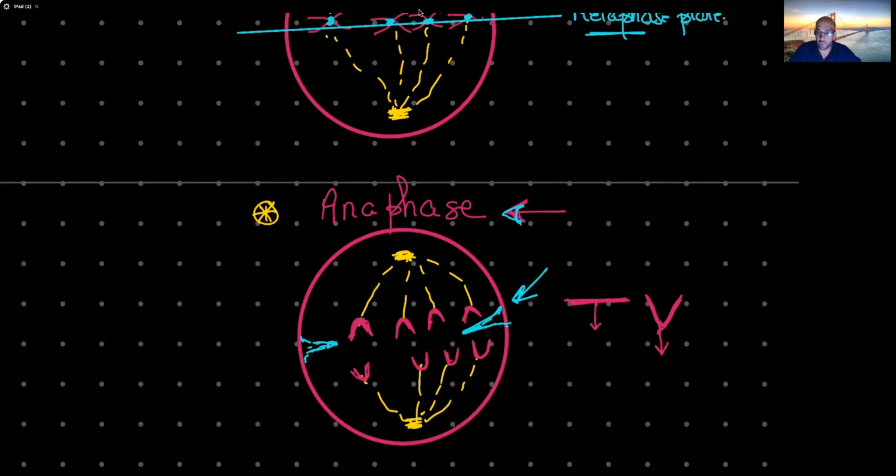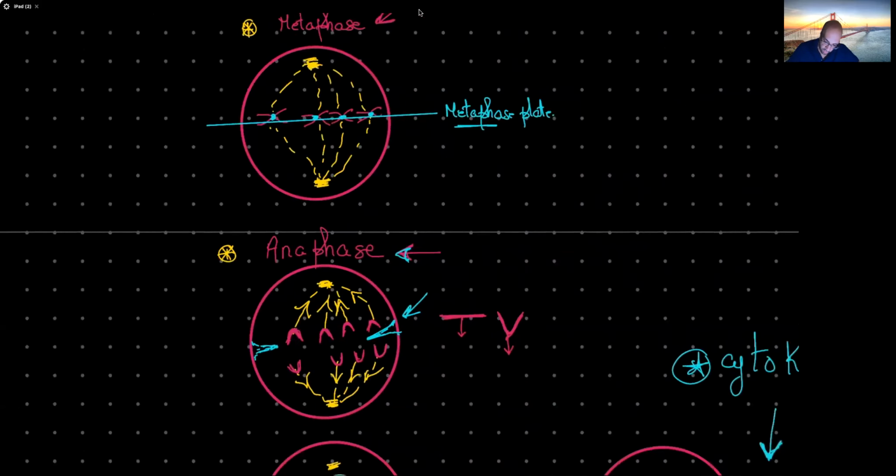As the mitotic spindle fibers keep contracting, pulling the two sister chromatids away from one another, this is gonna cause the separation of the two sister chromatids. And as I keep pulling on them, if you are pulling on a towel, for example, from its center, what's gonna happen?